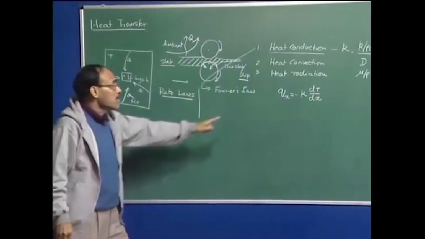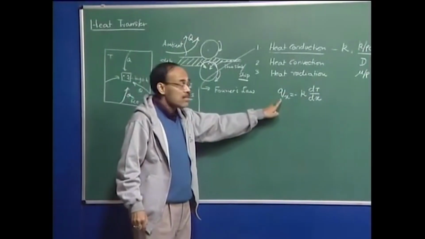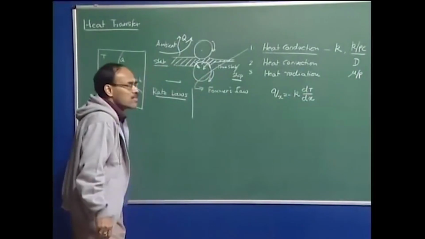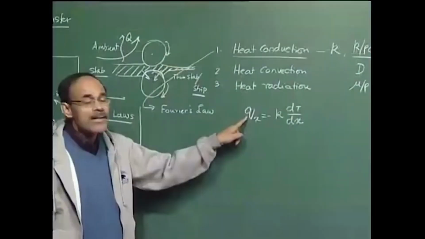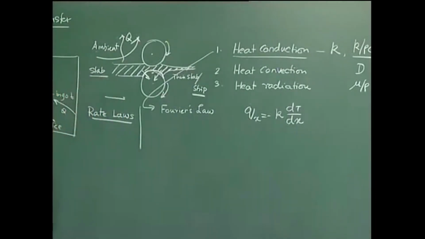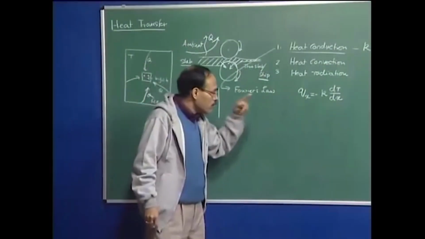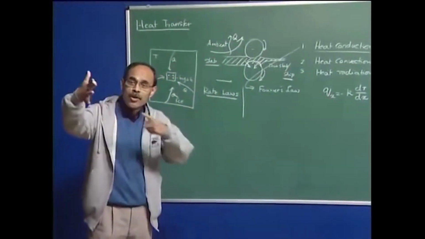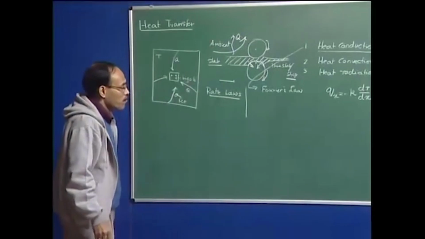This is a vector quantity, the heat flux, and this is the thermal conductivity. We can similarly write the heat flux along the y direction. The definition of flux, all of you must be knowing: heat flux is the amount of energy per unit area per unit time, where the area is normal to the direction of heat flow.